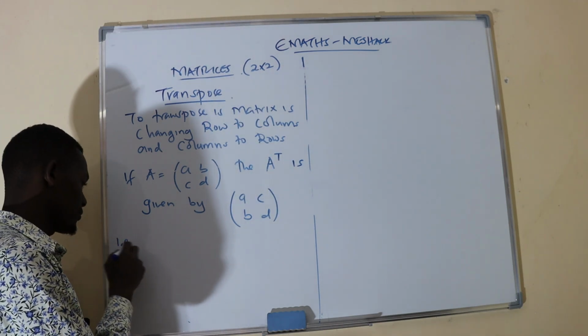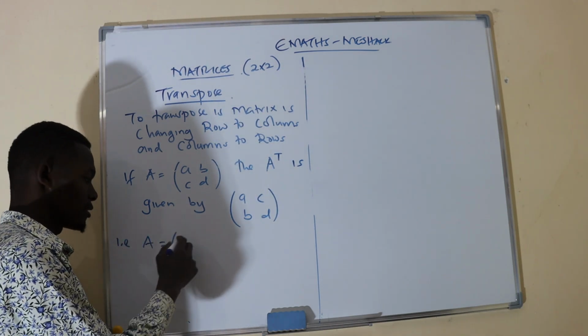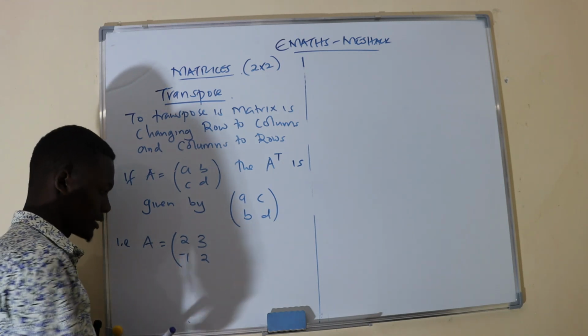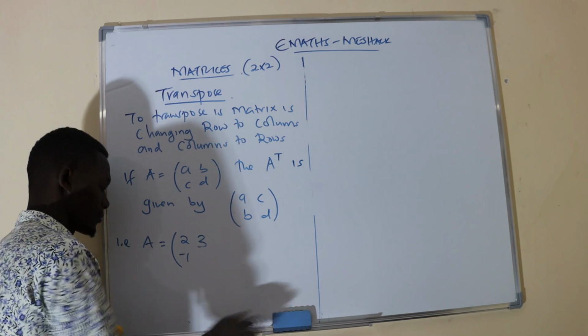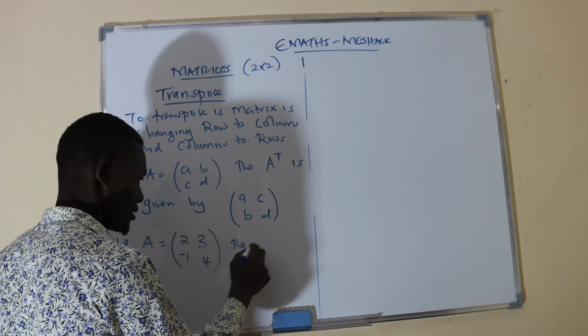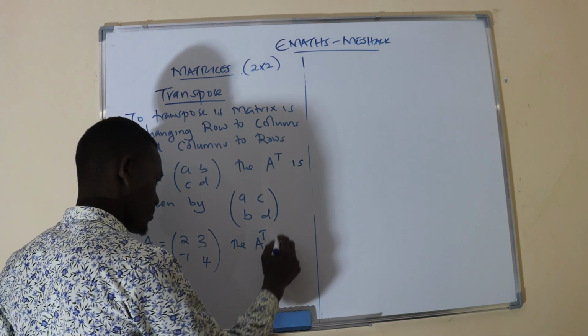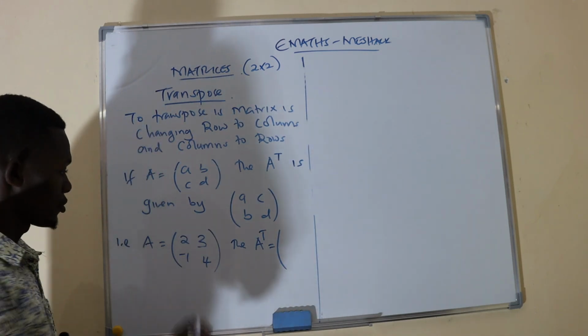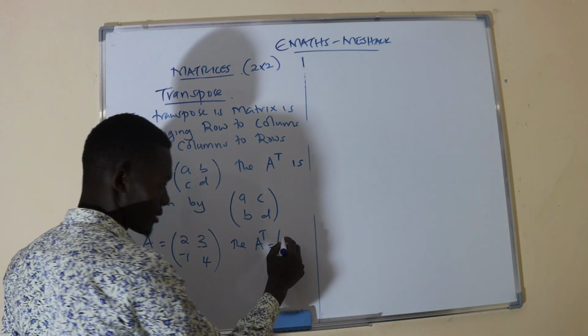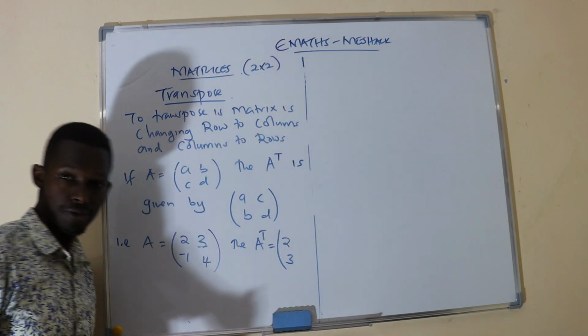So if A is given by 2, 3, negative 1, 4, let me use a different number. Then A transpose will be given by, okay, so interchange. This is the row, this is the column. So the first row becomes the first column, so 2, 3 altogether.